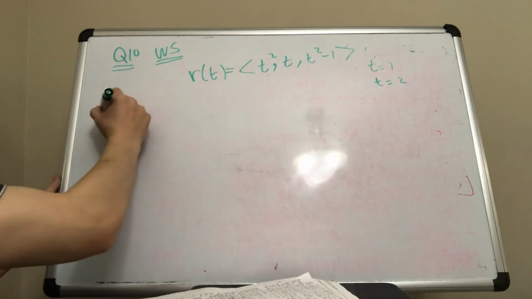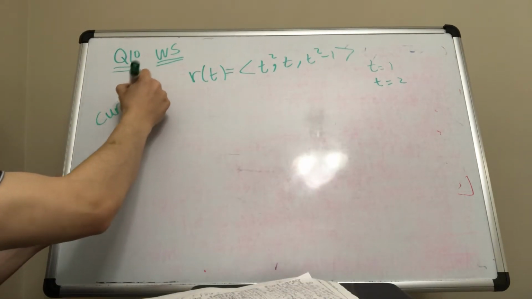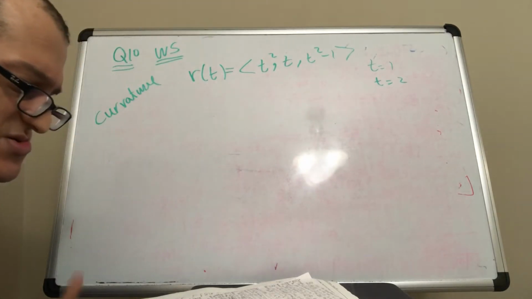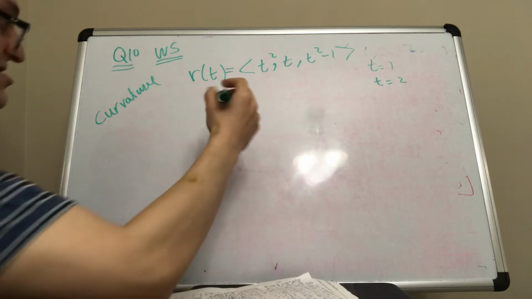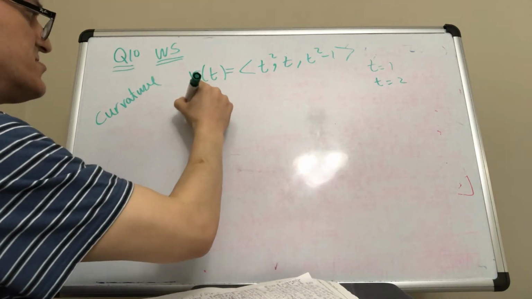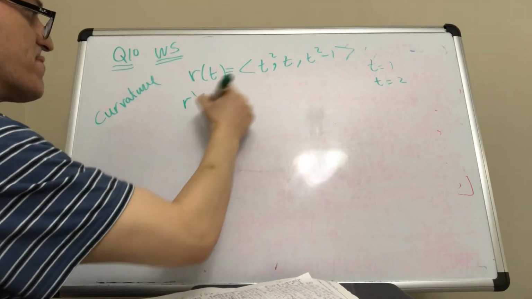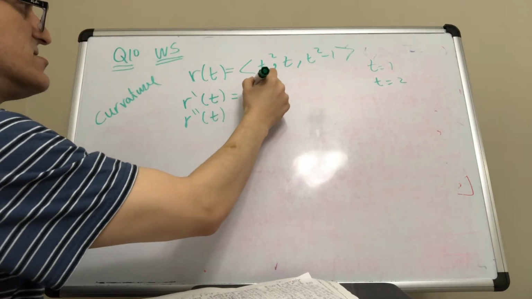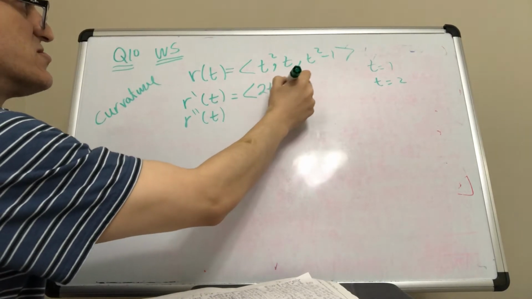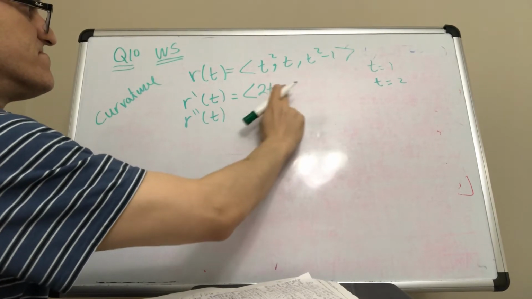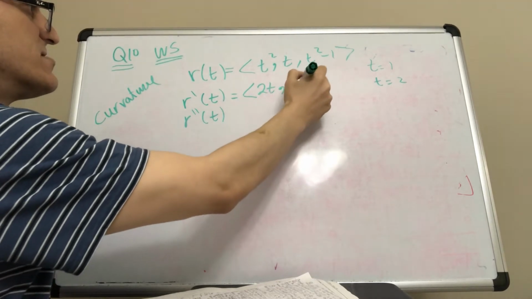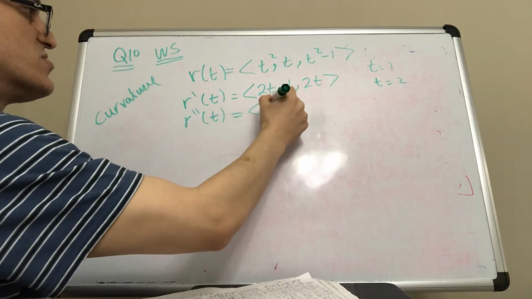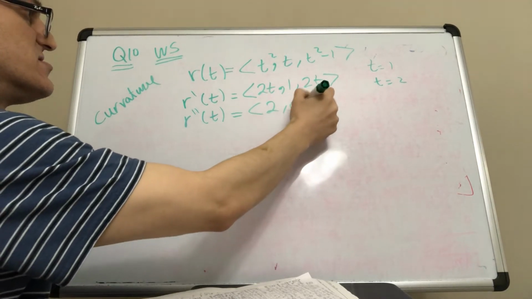If you ask for curvature, what you need to do is basically this. Find the first derivative, find the second derivative. The first derivative is 2t, 1, 2t, this one, 2, 0, 2.